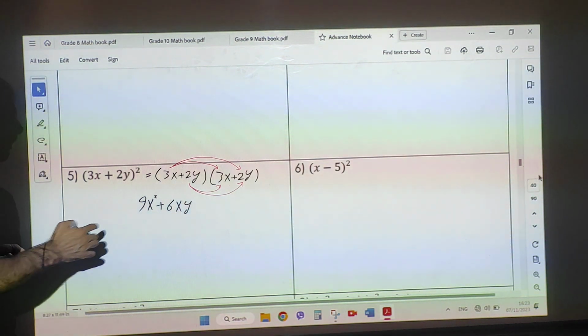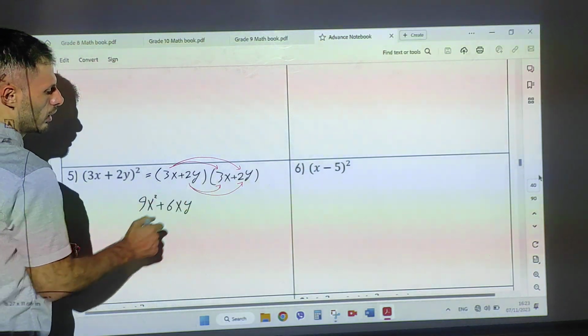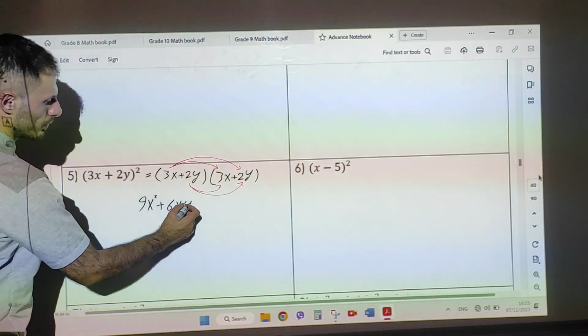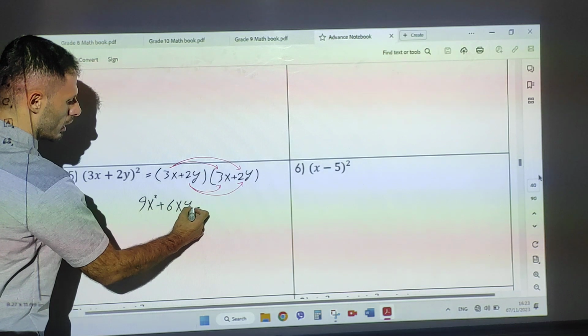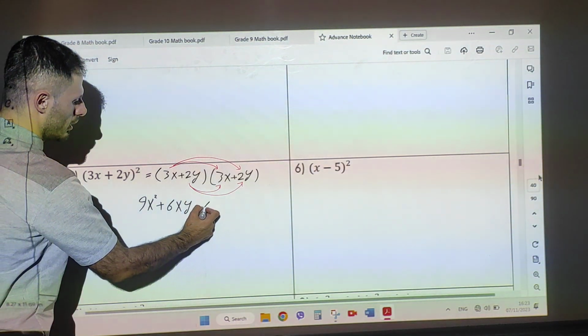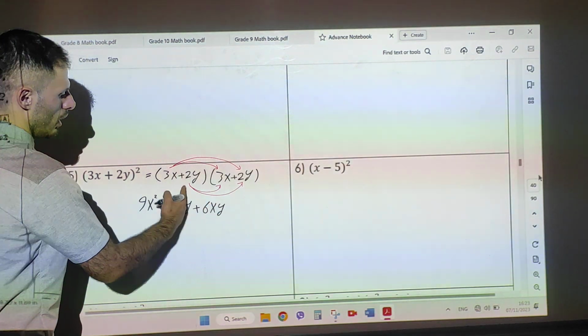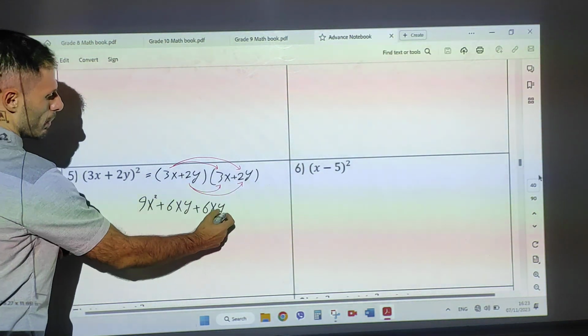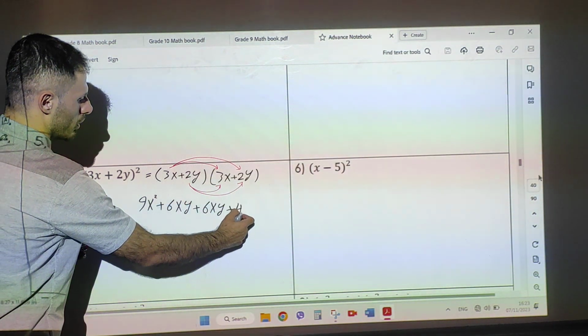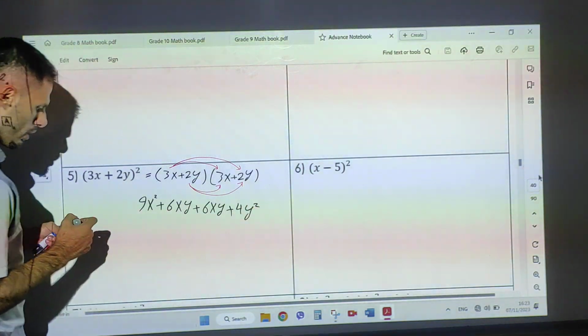It's the same. Positive 2y multiplied by 3x is positive 6xy or yx. Positive 2y multiplied by positive 2y will be plus 4y power 2.